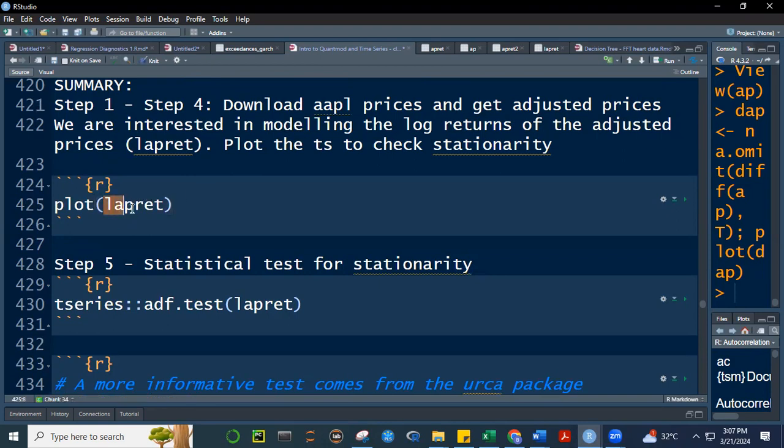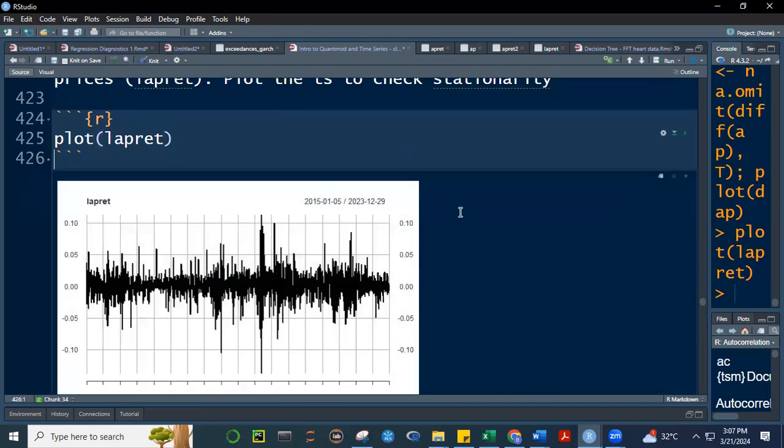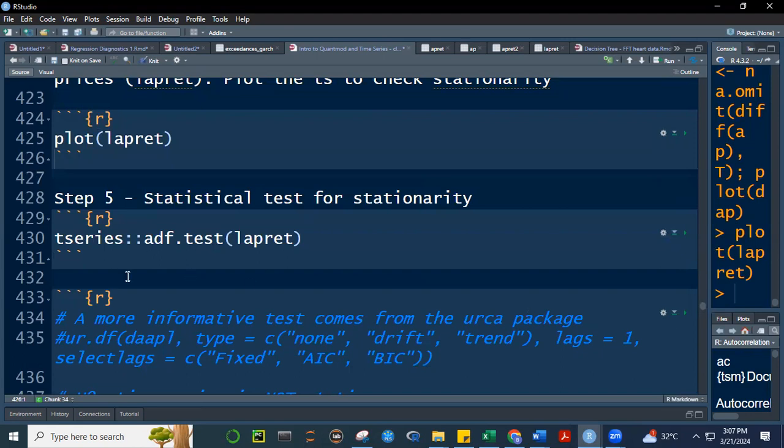We're using the log AppleRet, the log returns of Apple. If we plot this, we know that this is stationary. However, there is volatility clustering here, which might indicate that we might have difficulty modeling this using ARIMA, but anyway, we'll model it first. And then we have to test statistically. This is what we did last time.